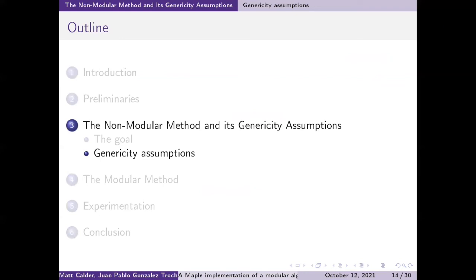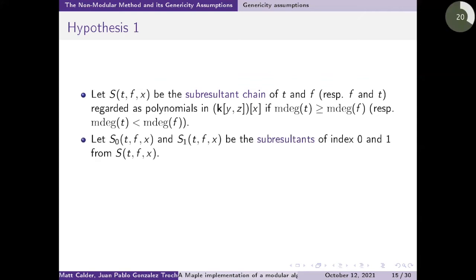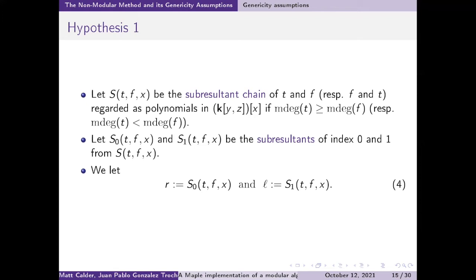Now our genericity assumptions. Let S of T, F, and x be the subresultant chains between T and F with respect to the variable x, if the main degree of T is greater or equal than the main degree of F. Let also S sub 0 and S sub 1 be the subresultants of index 0 and 1 of our subresultant chains, and set R as S sub 0 and L as S sub 1.